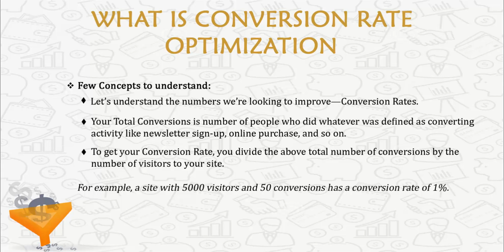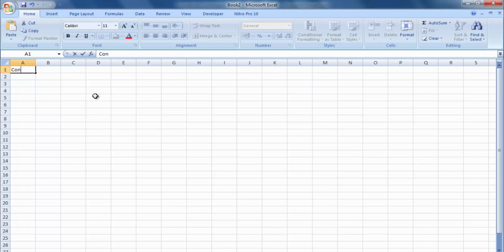To simplify this example, let me jot down the formula and help you understand the concept a bit better. Conversion rate is the ratio of total conversions divided by the total number of users or website visitors. In this scenario, the conversions have been 50 and the total visitors have been 5,000.